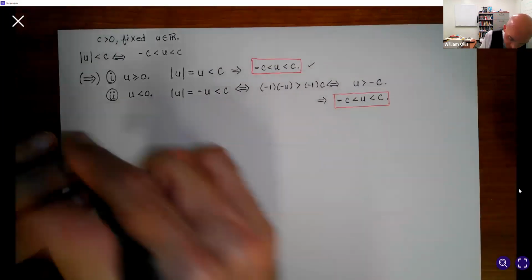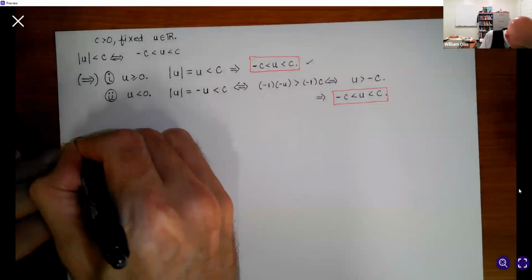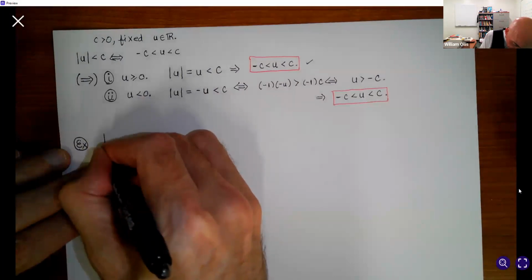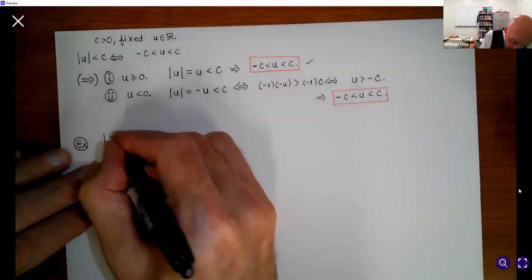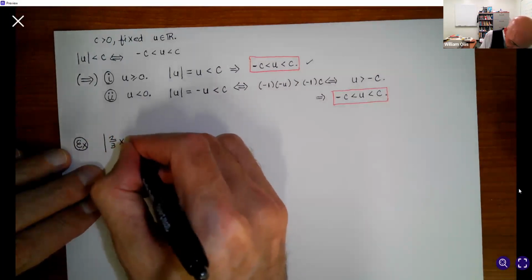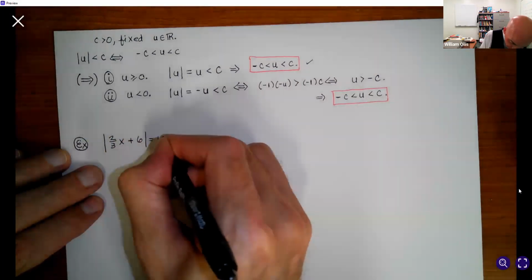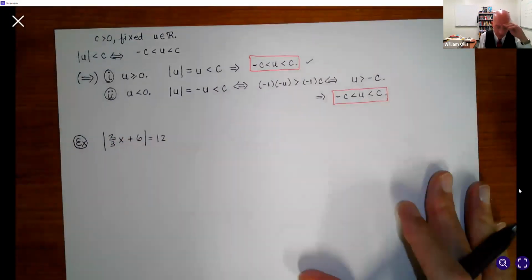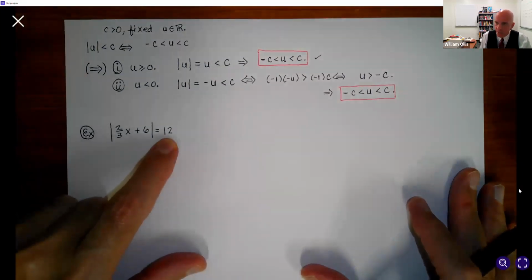So let's look at a first example. I want to just look at one where we have the absolute value equation: the absolute value of 2/3 x plus 6 equals 12. Now, one thing you notice here is that the absolute value is isolated and the 12 is a positive number.